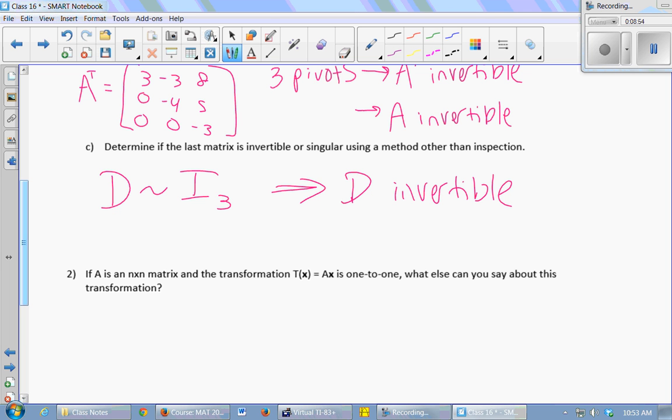Okay, next question. Leaving this one behind. Totally new question. If A is an n by n square matrix, and the transformation T of x equals Ax is 1-to-1, what else can you say about that transformation? It's onto.